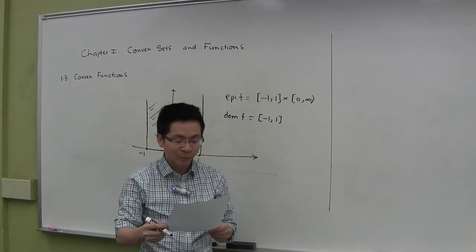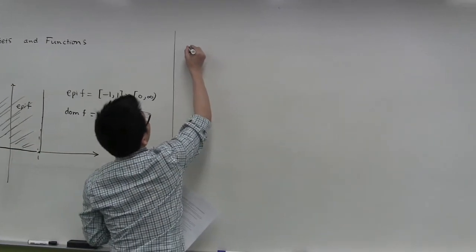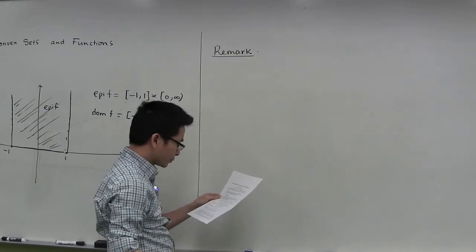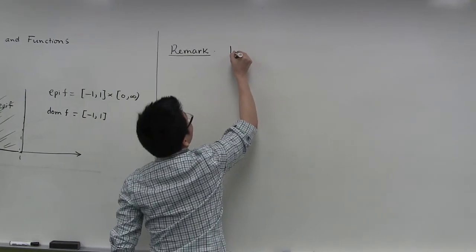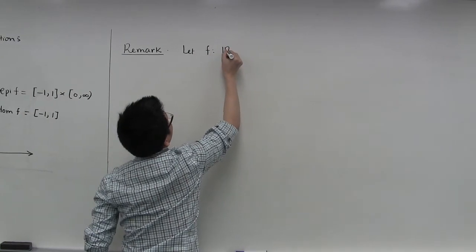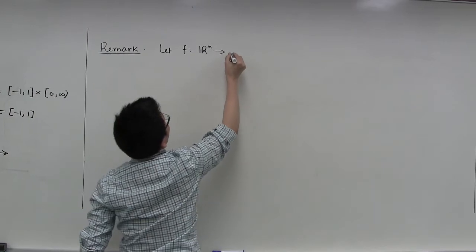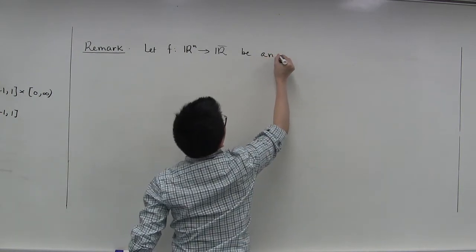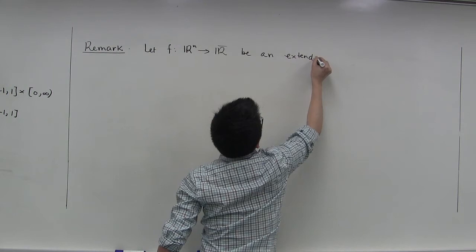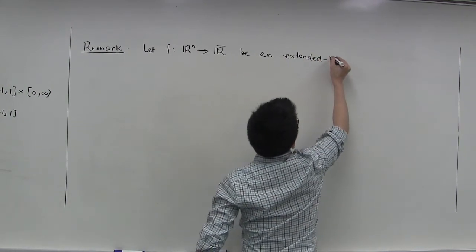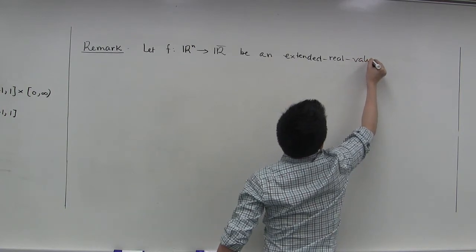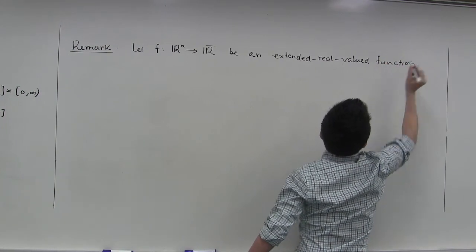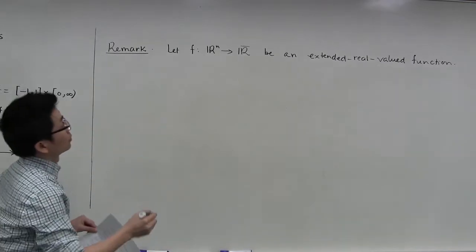Now I'm going to talk about some important remarks. Now let f from Rn to the extended real line be an extended real-valued function. Then we have the following conclusion.